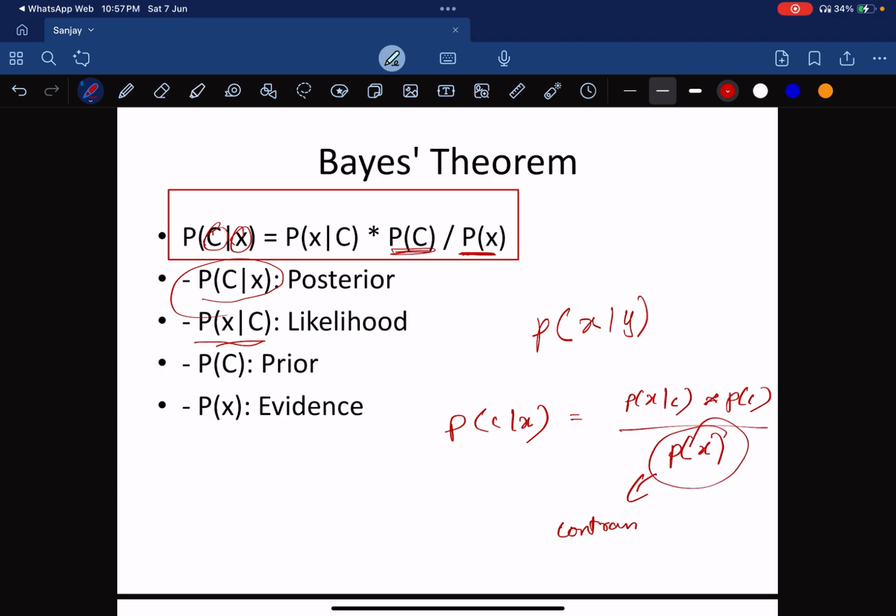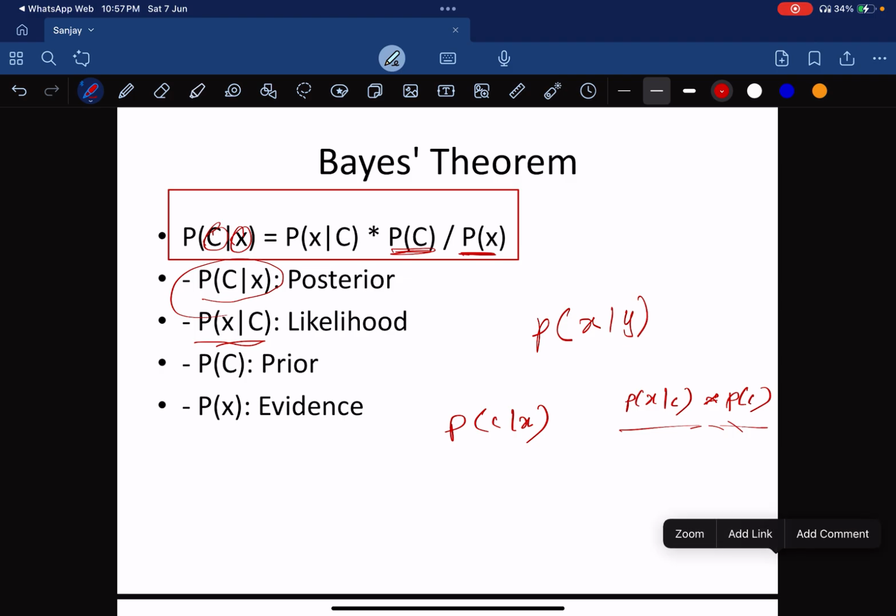So to reduce some calculation, we will remove this p of x. Since we removed it, to maintain the equation we put a proportional symbol, and this will work fine.